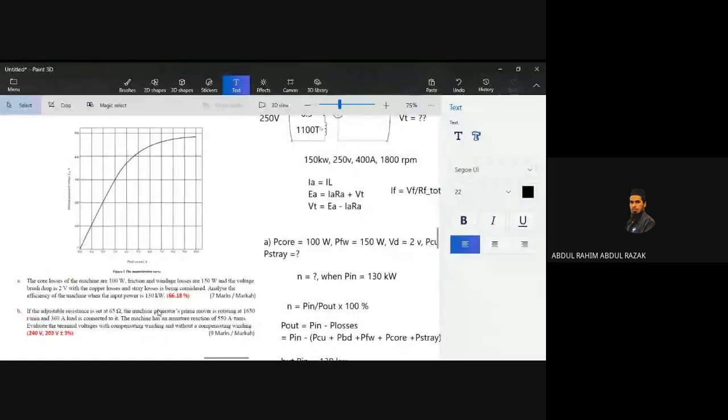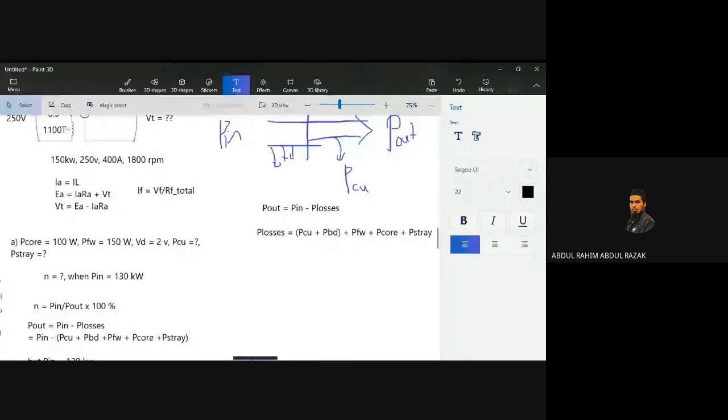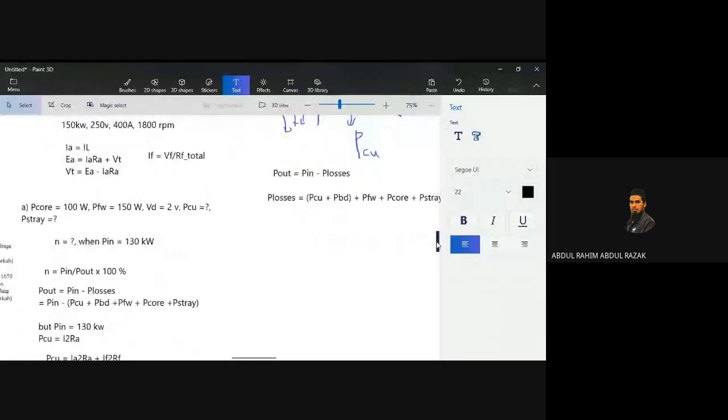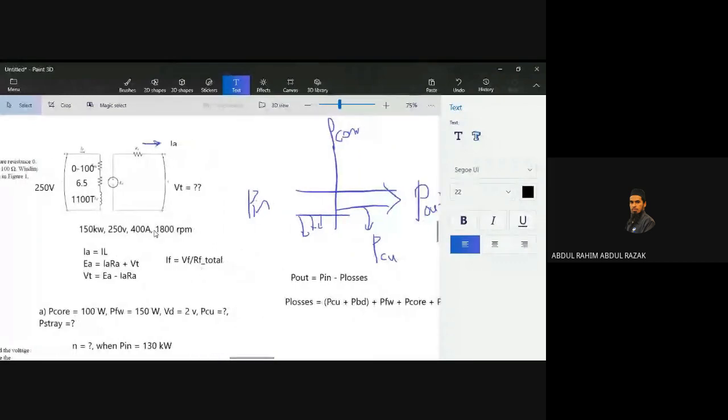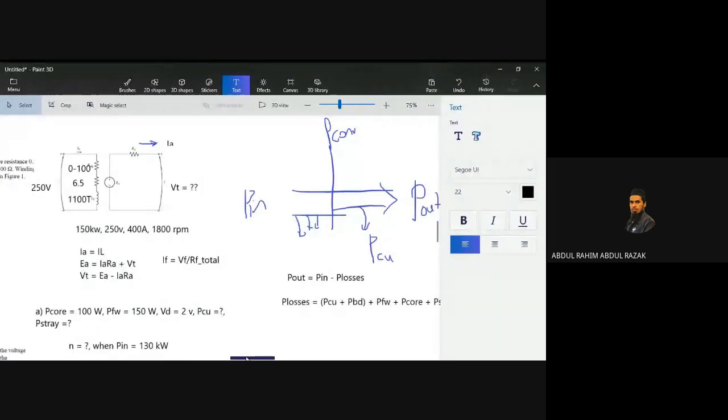Over here you consider your rated current, just consider the rated current 400 ampere, right? 400 ampere. This is your I A.